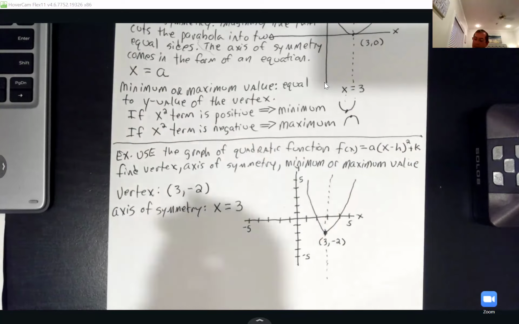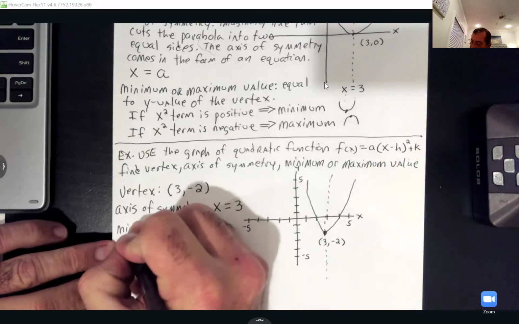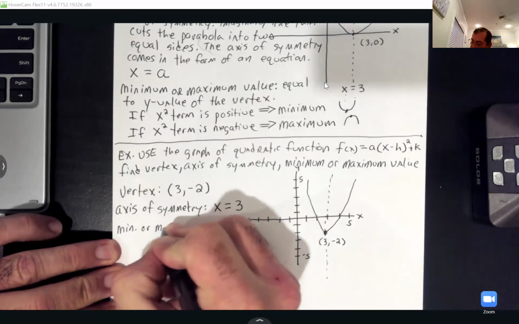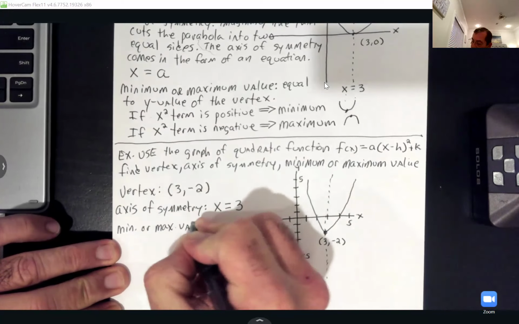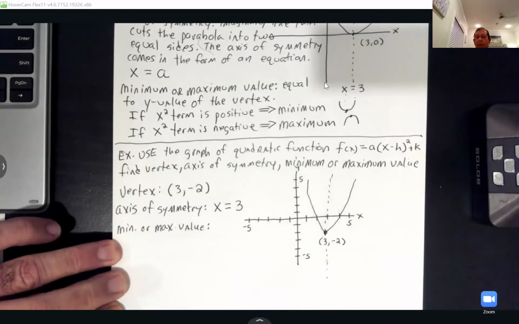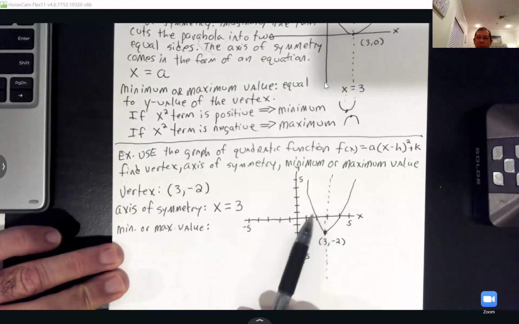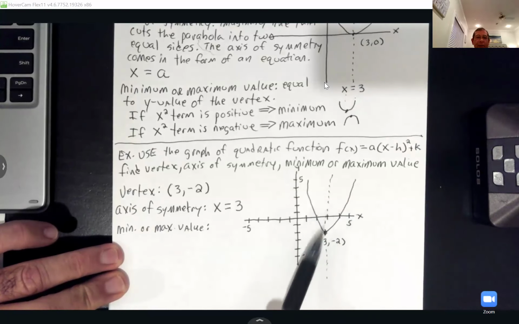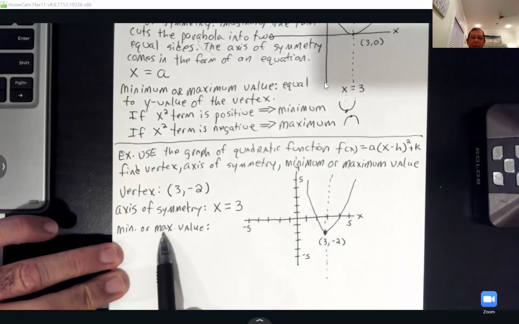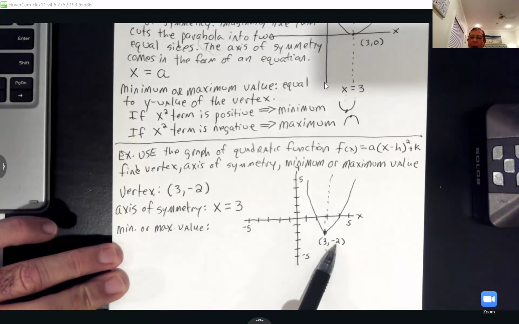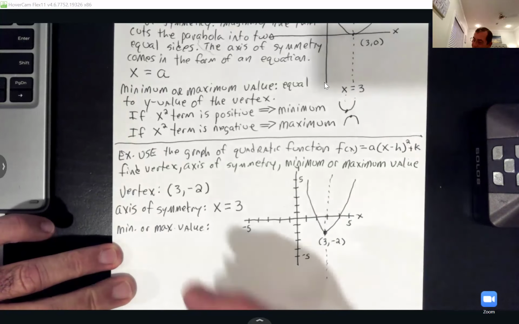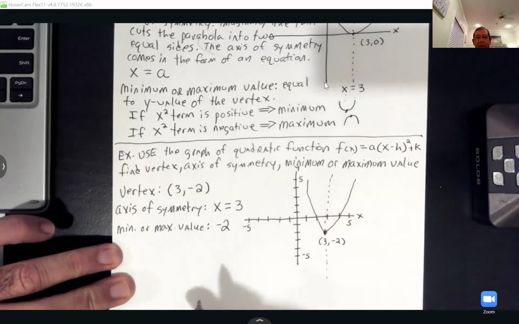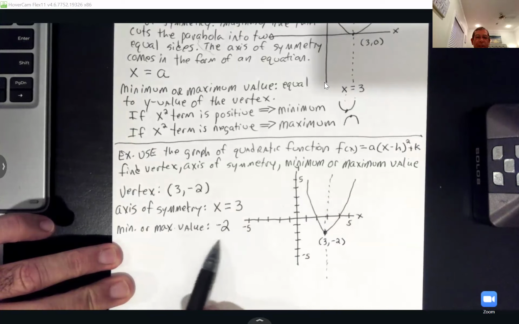And then finally, min or max value. Well, we know it's a minimum because we got a little valley sitting here. But remember, the min or max value is equal to that y value, which is -2. Now, it don't have to come in the form of an equation.